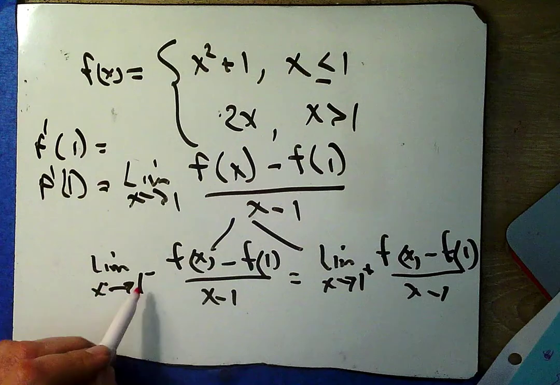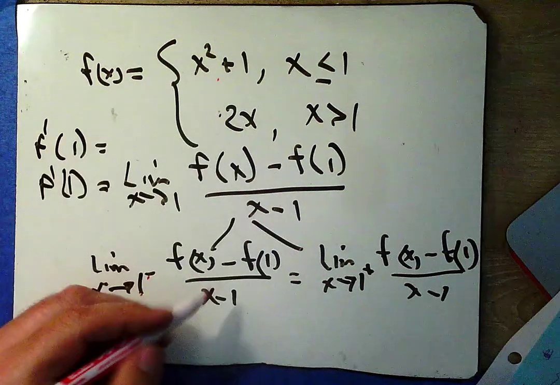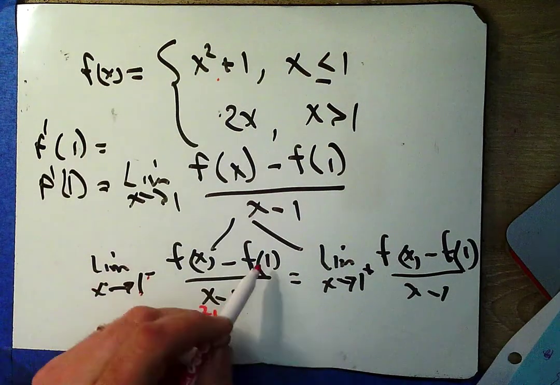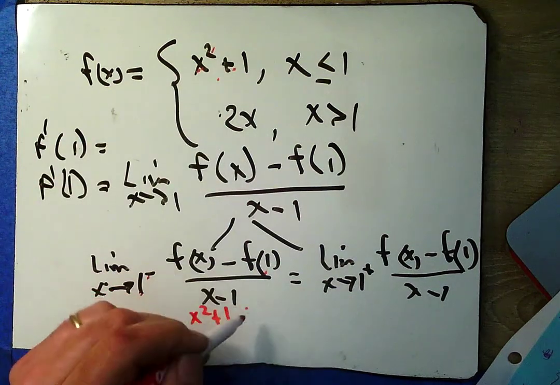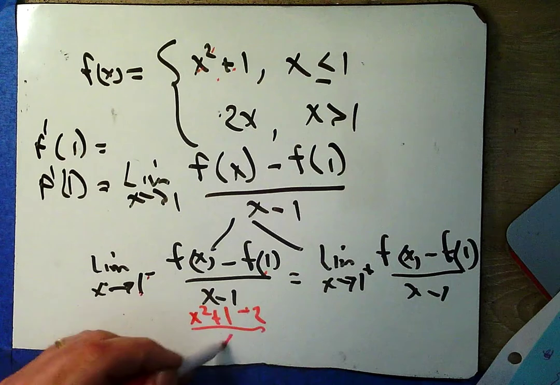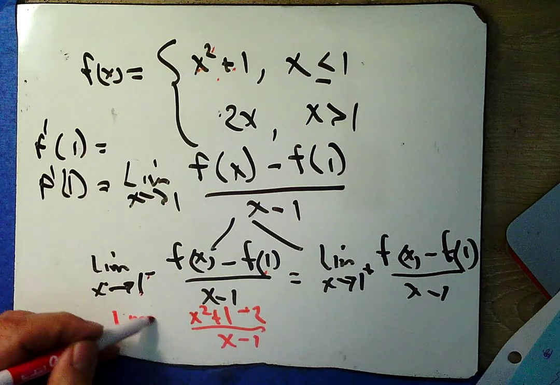f of x from the left is this, x squared plus 1, f of 1, 1 squared is 1 plus 1 is 2. So minus 2 over x minus 1. Don't leave out the limit notation.